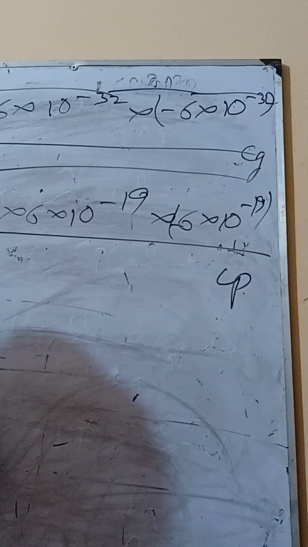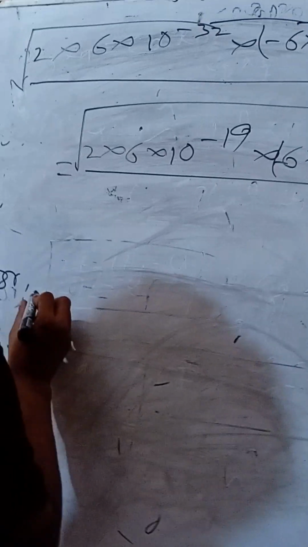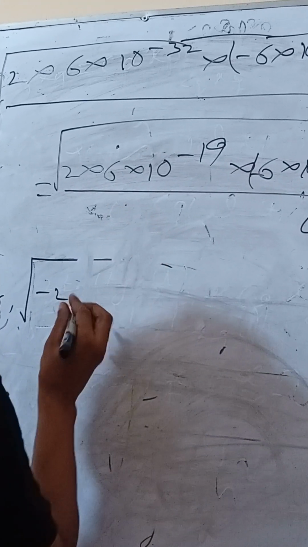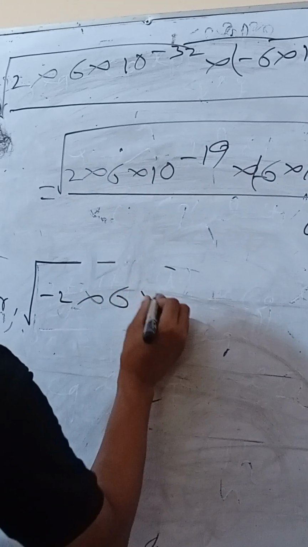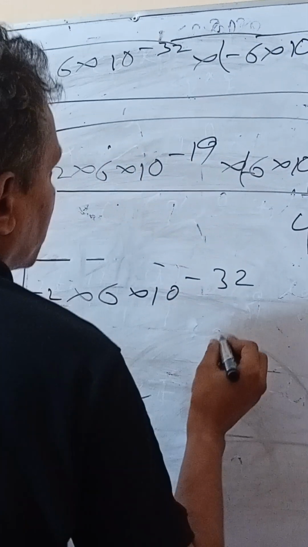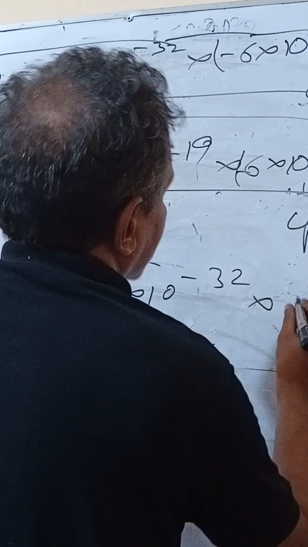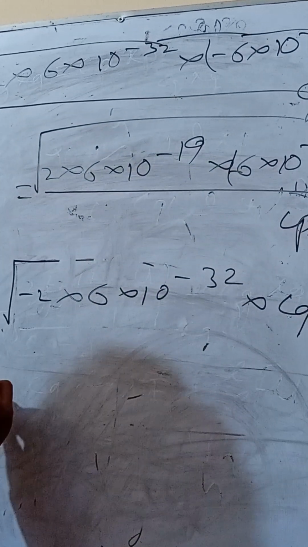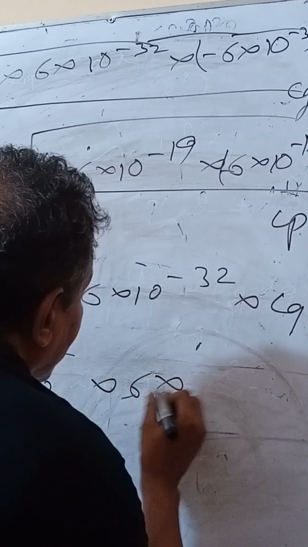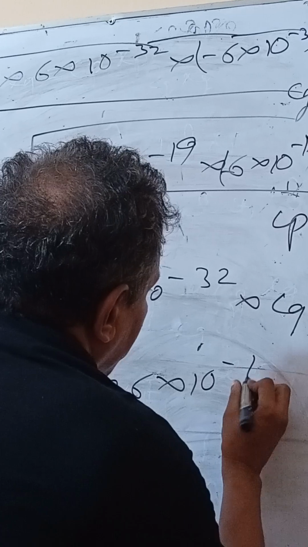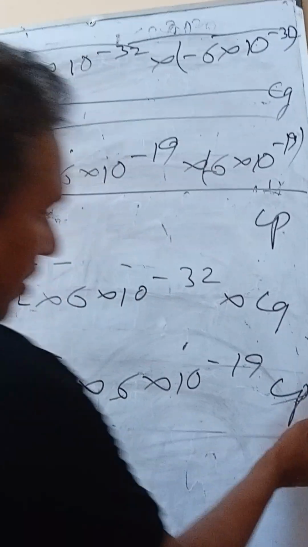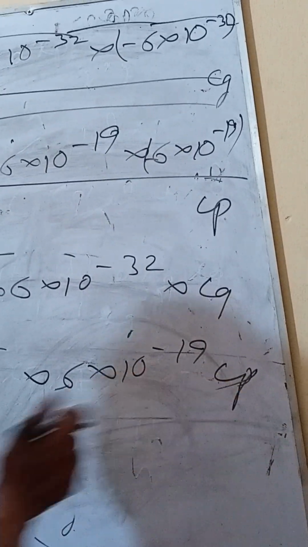Now minus 2 into 6 into 10 to the minus 32 into Cz is equal to minus 2 into 6 into 10 to the minus 19 into Cp. Photon particles velocity.